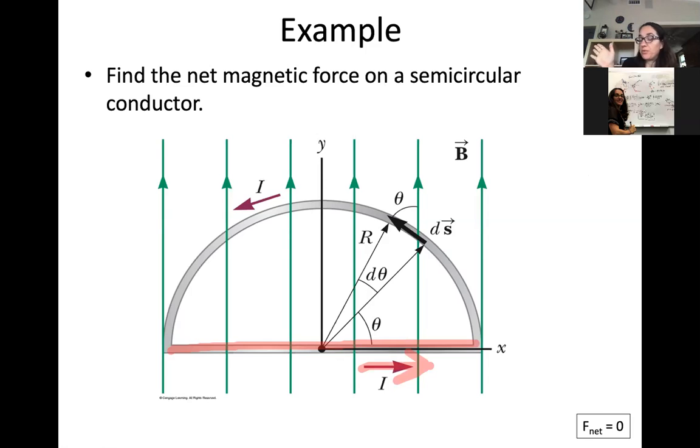So fingers have to point to my right. And then the B field, as I'm looking through my iPad or you're looking at your sheet of paper, is pointing straight in the direction that you're looking. So my palm has to point in the direction that I'm looking, and that gives a force that comes up out of the page, right? So this straight piece of wire, fingers to the right, B field straight forward, thumb up. So this piece of wire feels an outward force, just the straight bit of the wire.